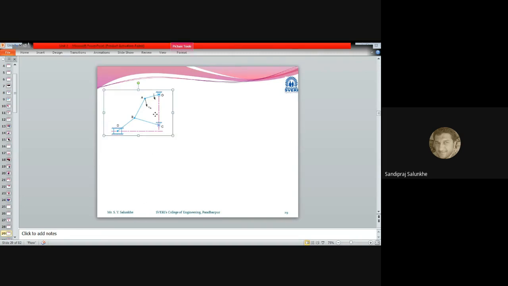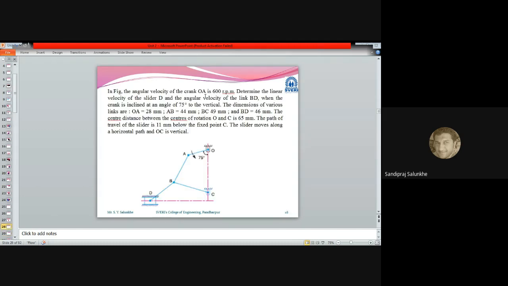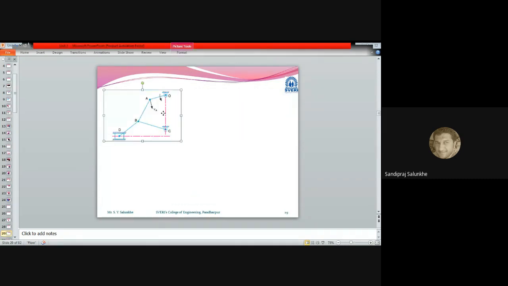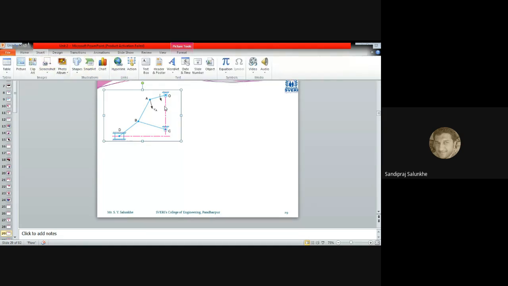So first of all, we have to draw this space diagram. What is given in the problem is that crank OA is rotating with 600 rpm. While we are drawing this space diagram, first of all, we should know that this OC is a vertical straight line, and the distance between these 2 points is 65 millimeter. So you have to draw this vertical line.